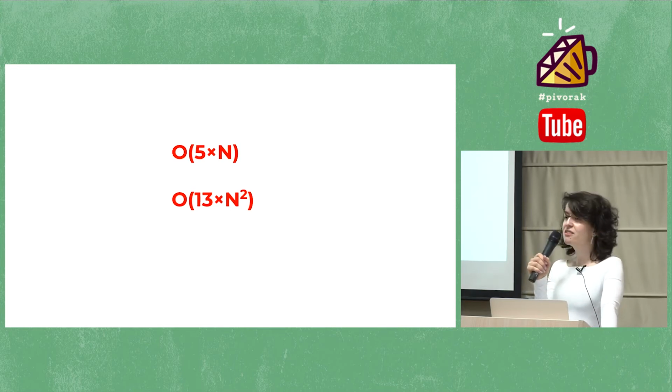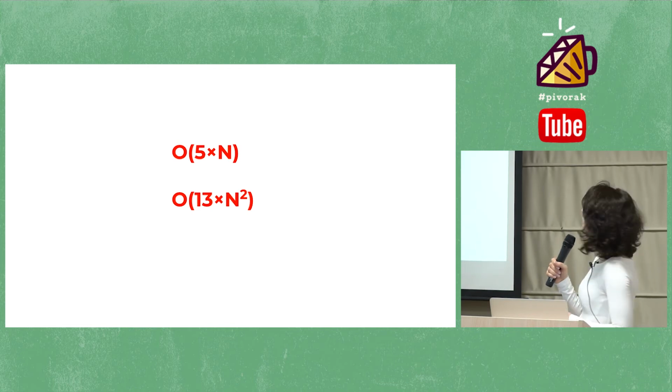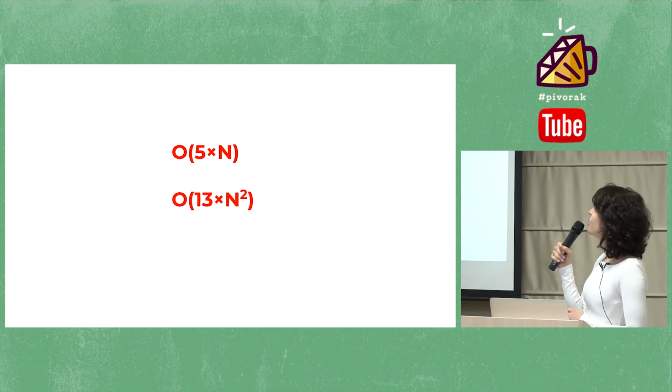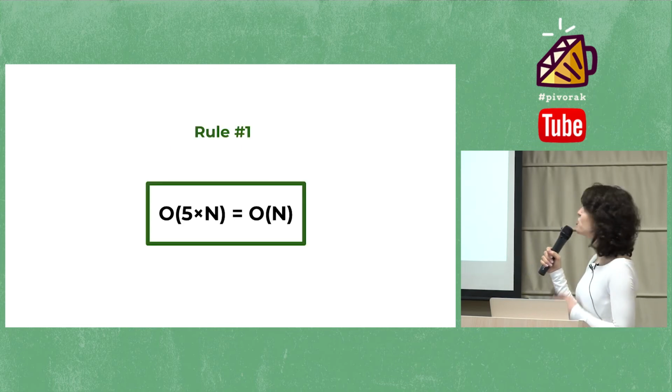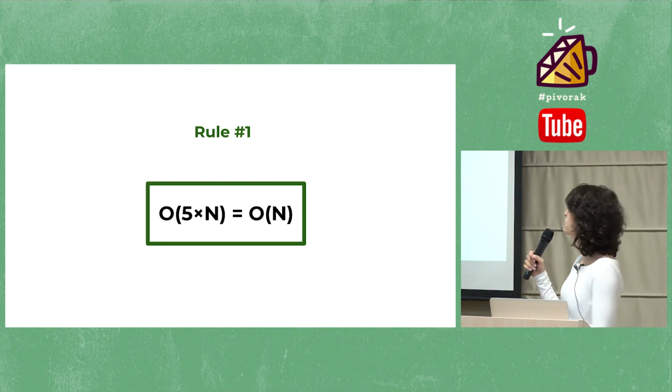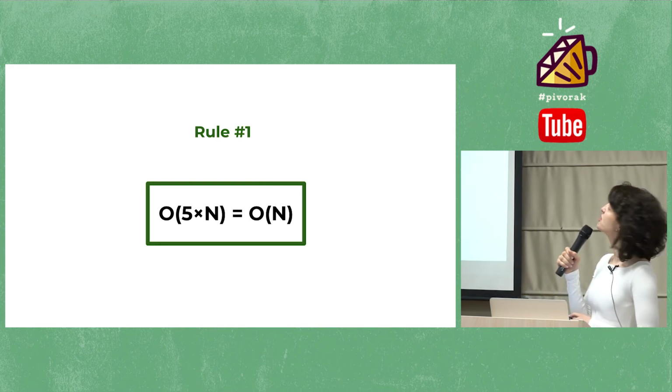So even if today this problem is not solvable, let's wait another 4 years or so, we'll gain enough capacity, we'll still solve this problem. So that's why if you're tempted to say that the complexity of the algorithm is 5n, just say it's big O n. So that's rule number one that many people get confused about.